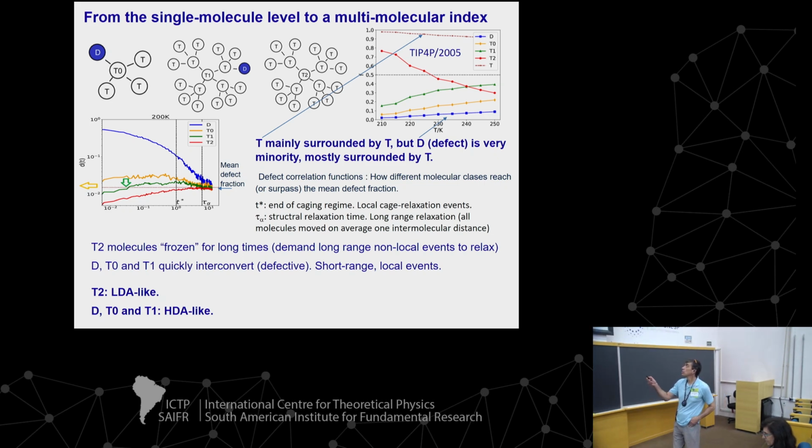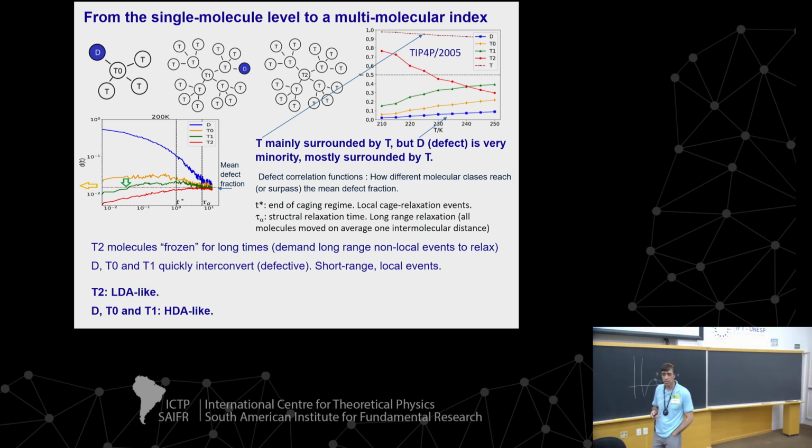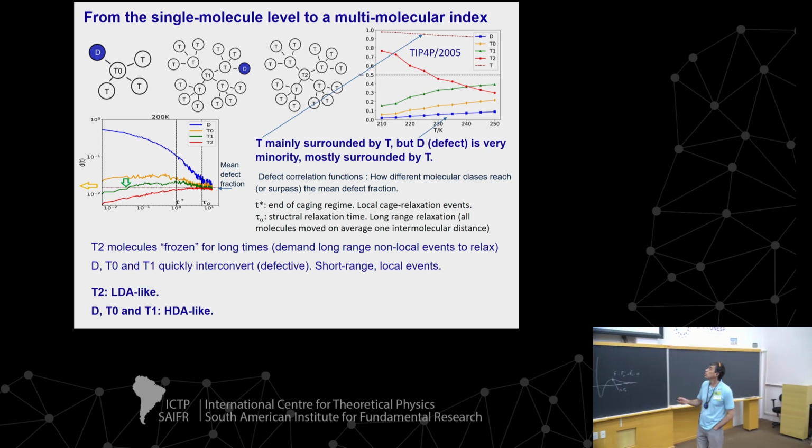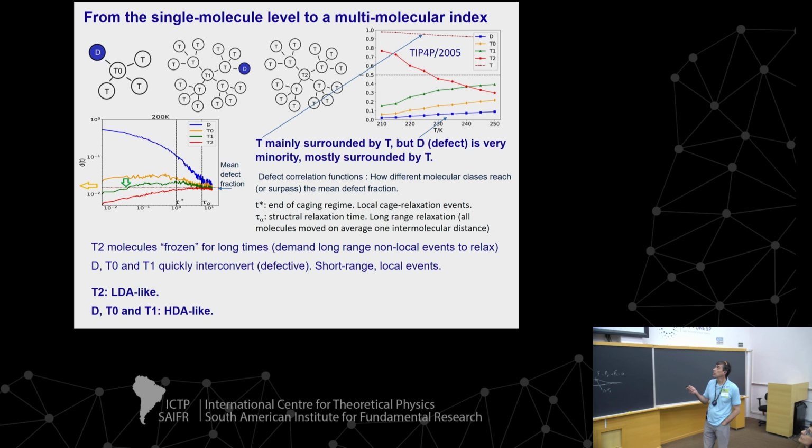And so we decided to look at the environment of these different molecules, and we kept for the structure molecules the ones which were surrounded by other structural molecules up to the second neighbor shell. And we looked at how different structural molecules went to the mean defect fraction.